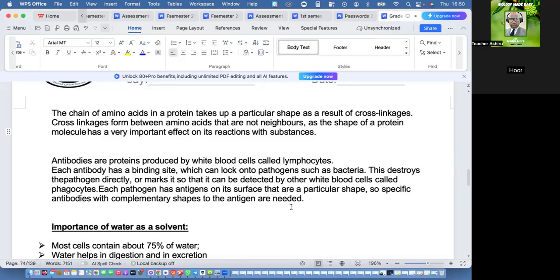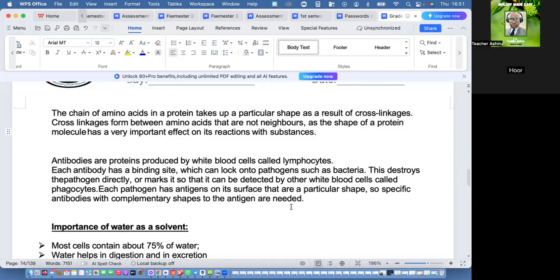So antibodies generally are proteins, and of course we know that proteins are biological molecules. So we're looking at different kinds of protein produced by white blood cells called lymphocytes. And we also say that there are two kinds of white blood cells here: the phagocytes and the lymphocytes. Each antibody has what?